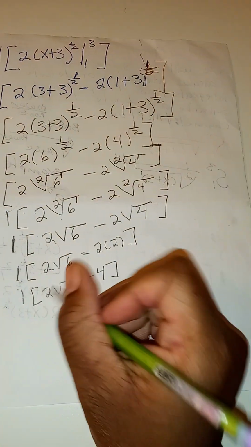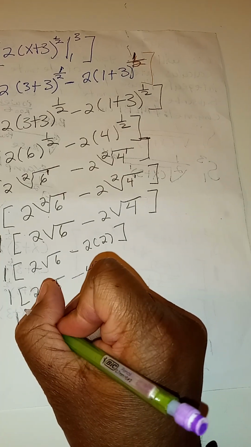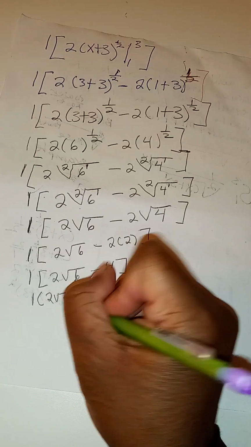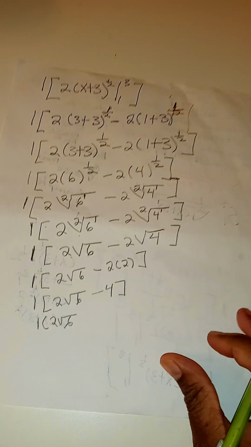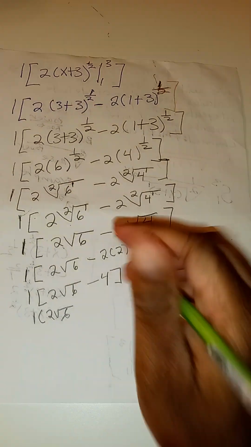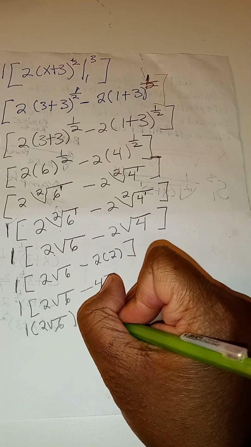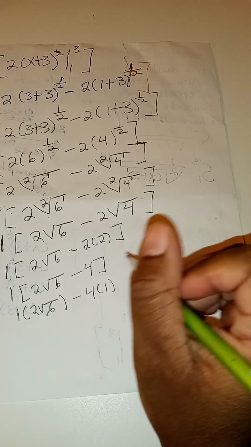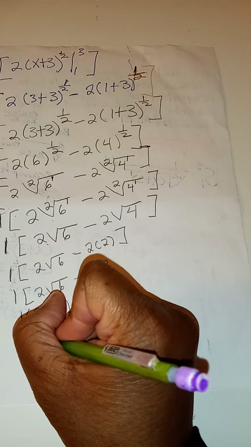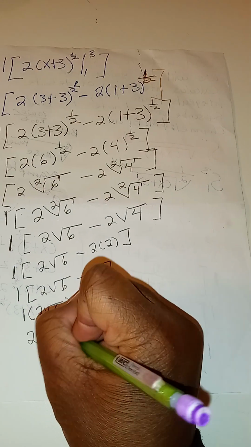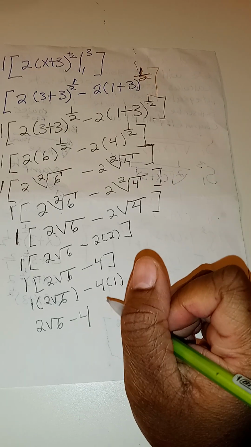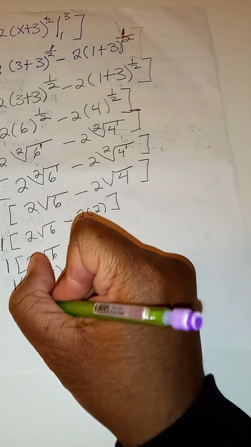And then we FOIL that 1 through, so it will be 1 times 2 square root of 6 minus 4 times 1. And this will break down to 2 square root of 6 minus 4. And this is the final answer to the problem.